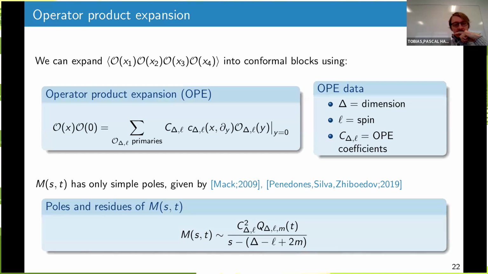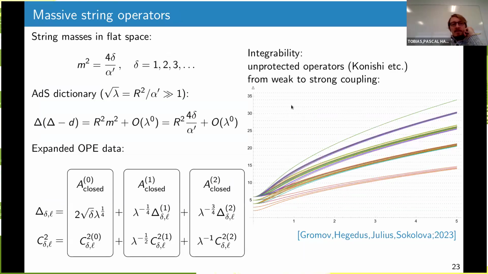Okay, so the next question is, what are the operators exchanged in this correlator that are relevant for the string amplitude? And the answer is, these are the massive string modes, of course, because they are in the flat space limit, they are still in the curvature expansion. And the masses of the massive string modes in flat space are given by 4 delta divided by alpha prime, where delta is a positive integer.